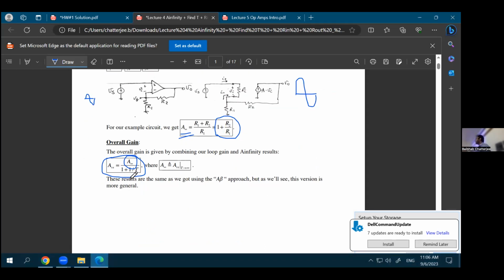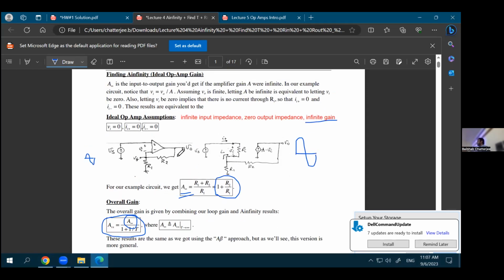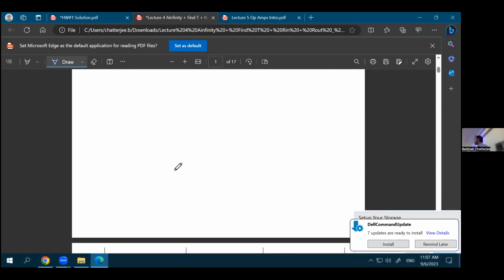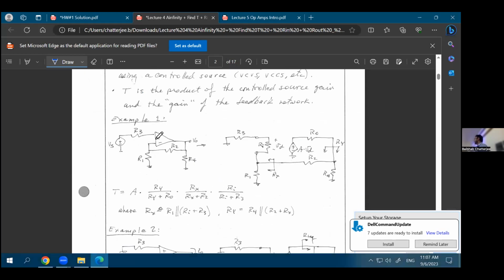What we are saying now is that the overall gain is A infinity divided by 1 plus 1 over T, where T is the loop gain. T is the multiplication factor of the op-amp, which does not have an infinite gain, multiplied with the feedback path's overall gain. And we solved this problem in the previous class.